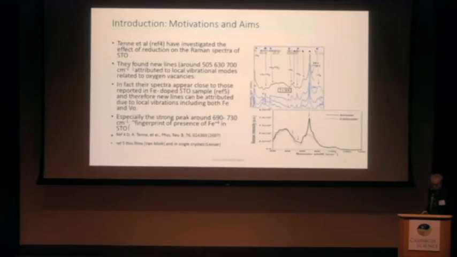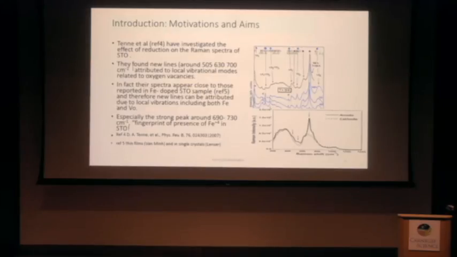10 years ago, Tene and co-workers investigated the effect of reduction on the Raman spectra of strontium titanate. They found new lines, indicated by red squares, and they attributed these new lines in the Raman spectrum to oxygen vacancies.